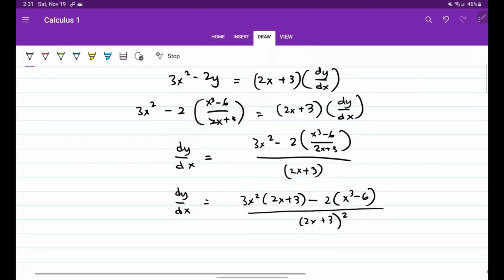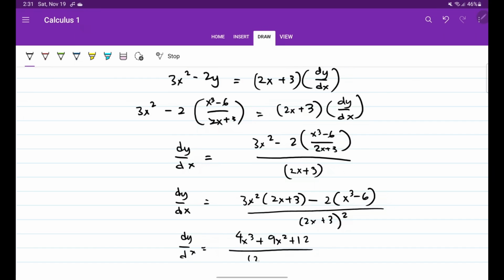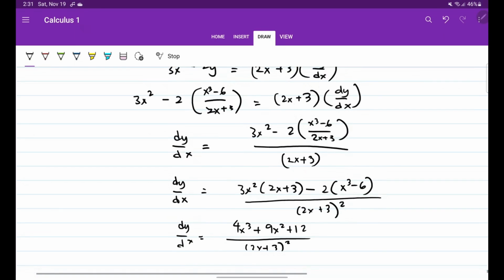No? So, dy over dx is equal to 4x cubed plus 9x squared plus 12 all over 2x plus 3 squared. Okay? So, this is how we do implicit differentiation. Okay? So, see you in the next video.